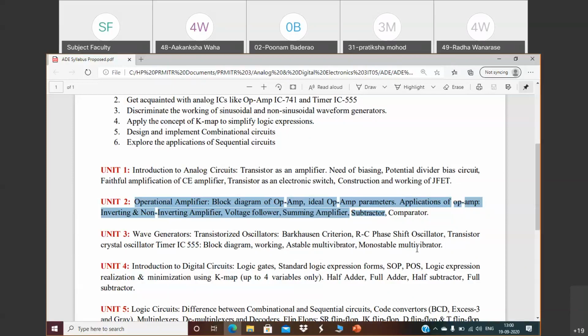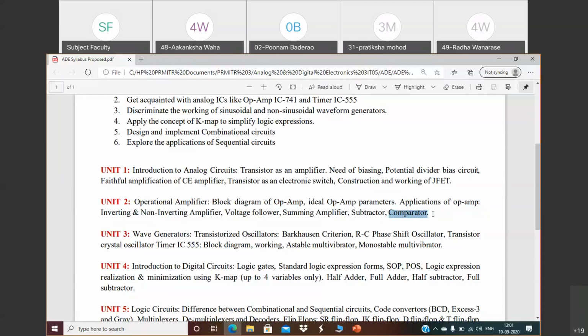But now the comparator, the last topic, is a non-linear application. So what do you mean by non-linear application? In this circuit, in the comparator, your op-amp will not work as an amplifier, but it will act as a switch.